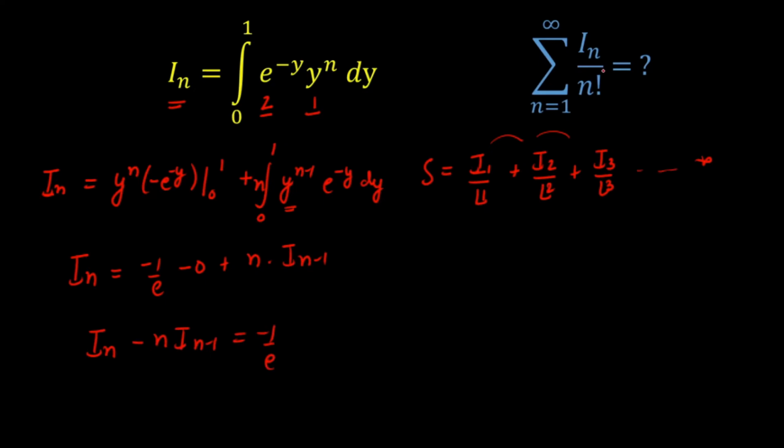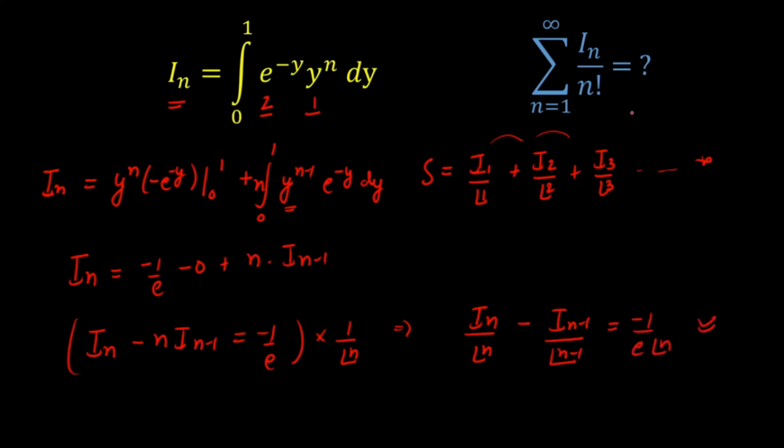Now our objective is to calculate I of n upon n factorial. So I'll do one thing, I'll multiply this whole equation by 1 upon n factorial. So I'll get this as a reduction formula, that is I of n upon n factorial minus I of n minus 1 upon, this n and n factorial will cancel out, and this will give me n minus 1 factorial in the denominator, and this is equal to minus 1 by e multiplied by n factorial. So using this reduction formula, I'll be calculating the sum in the next page.